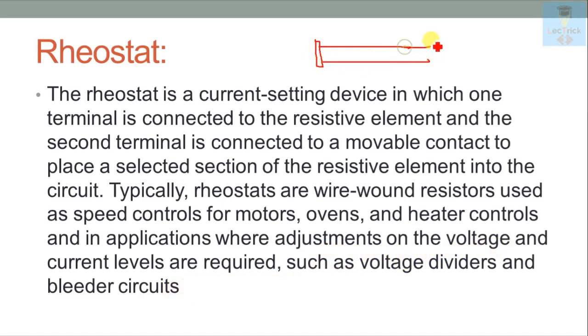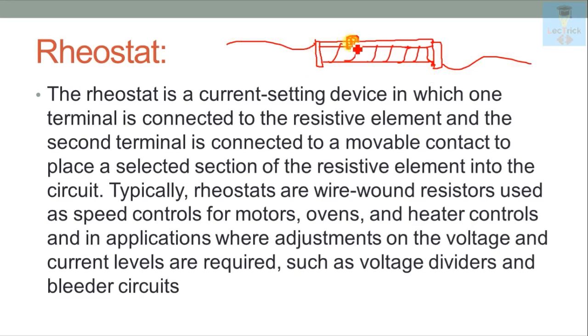So this is my rheostat. This is the winding. There will be one more sliding contact here. Then you connect one wire from here, and this wire will be connected from here.